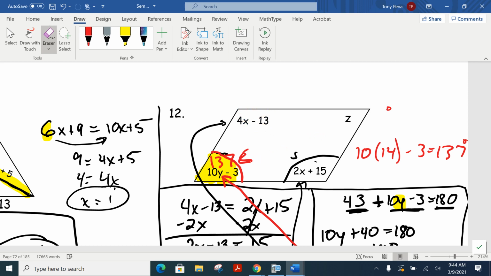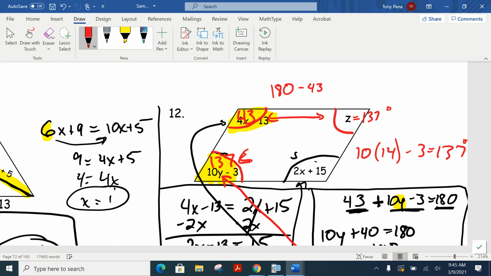Once we knew, so we went through all of this work, and eventually we got to a point where we knew that this angle right here was 43 degrees. So what he said is, couldn't we have just found z, since these are consecutive angles? Consecutive angles are supplementary. So couldn't we have just done 180 minus 43 and gotten z right away? And wouldn't that also give us 137 degrees that way?